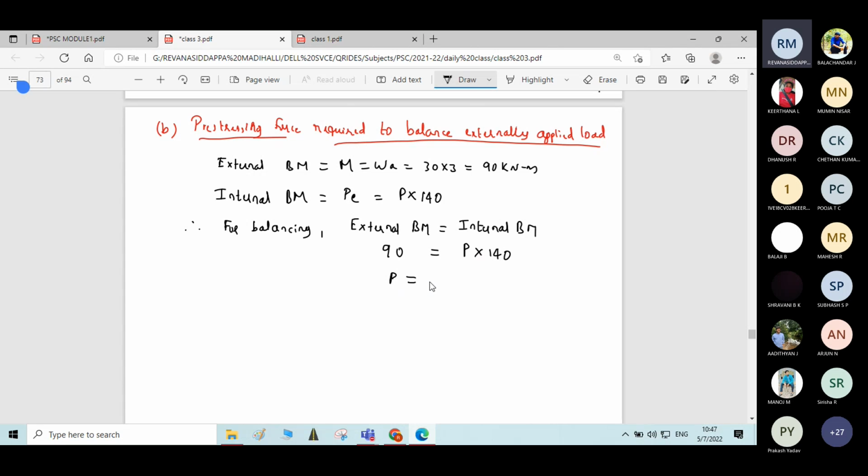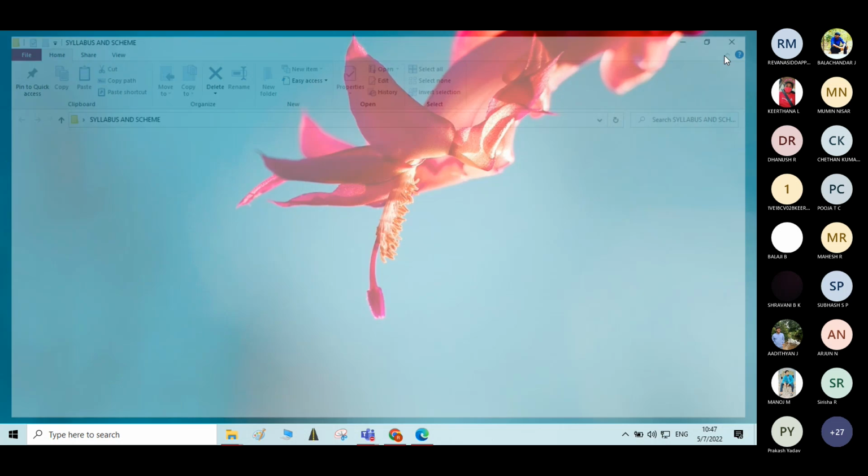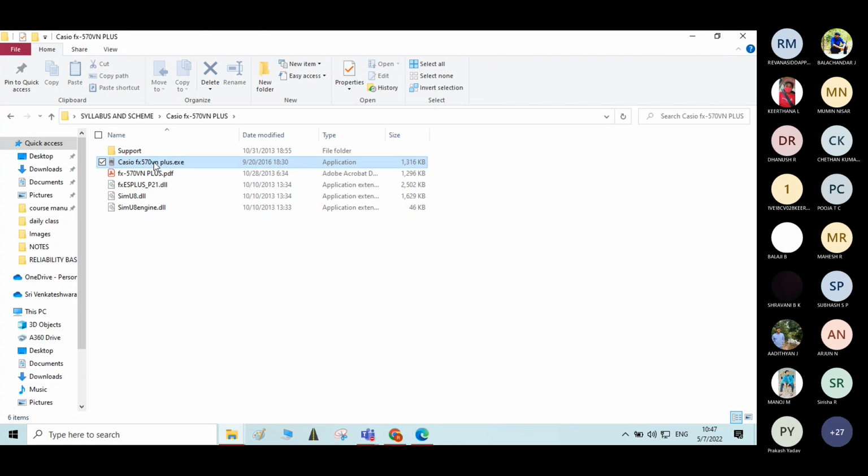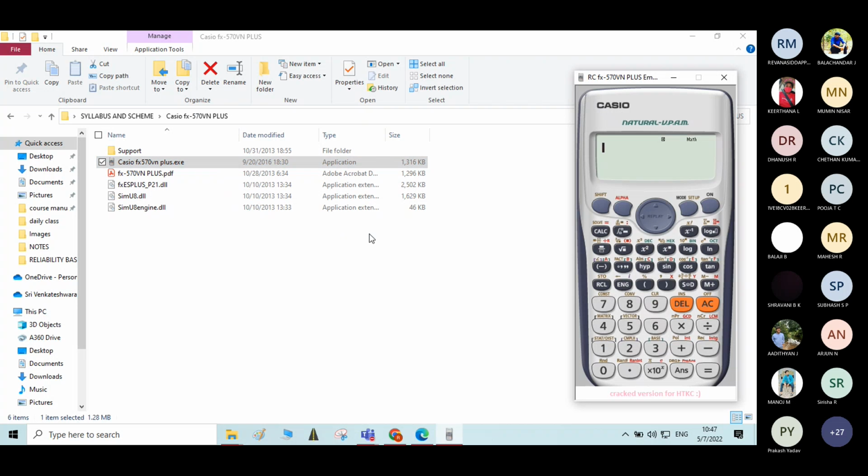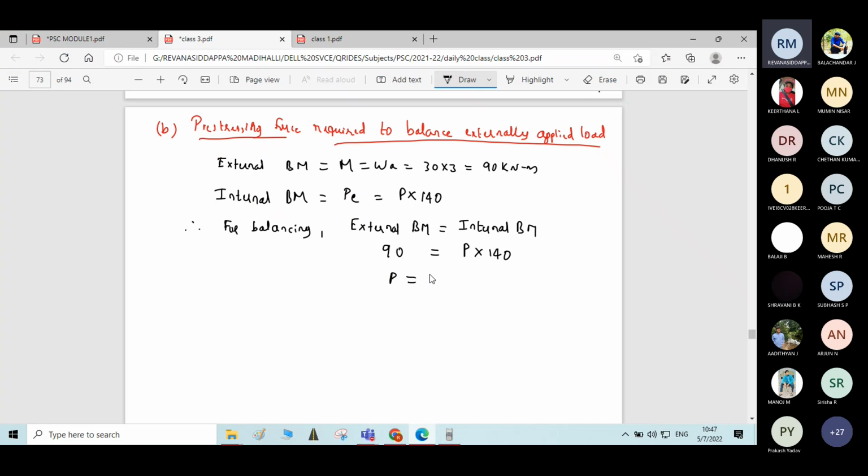The answer is P is equal to 90 by 140. How much will we get? 90 by 140 is 0.642 kilonewton.